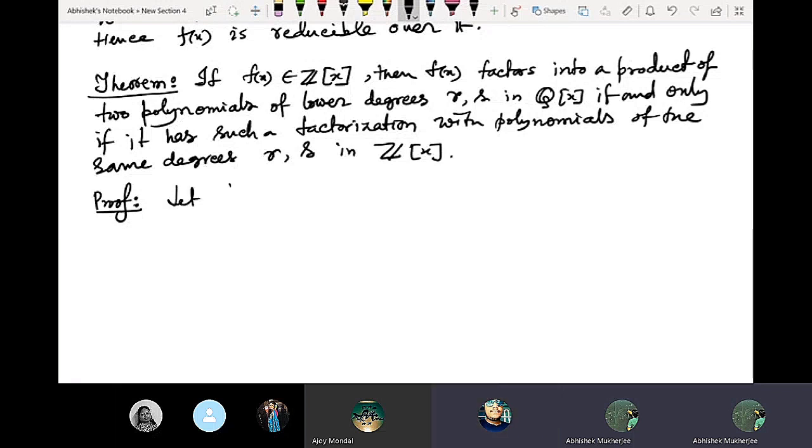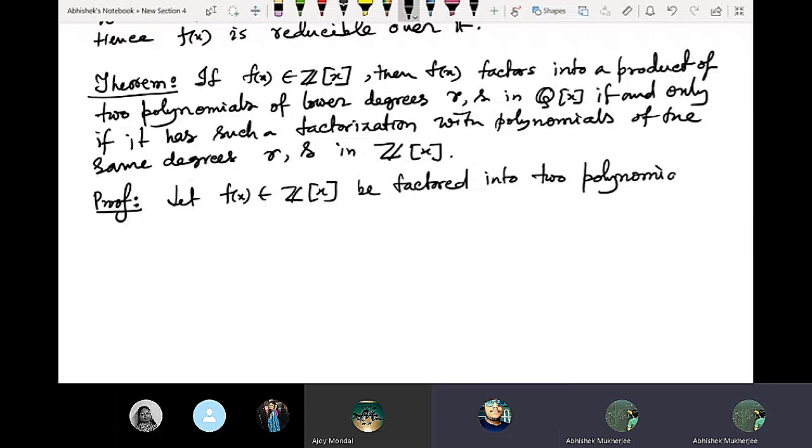Let fx belongs to Zx be factored into two polynomials of lower degree in the ring Qx.